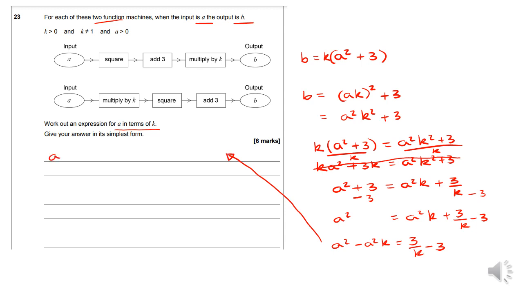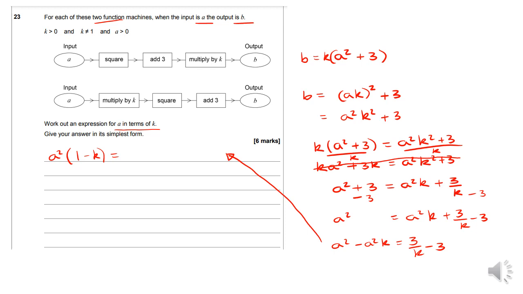So I'm going to take a factor of a squared out because I'm getting a bit closer to isolating a on its own. So what would that leave me with? Leave me with 1 minus k, which is equal to, I'm also going to make this fraction a little bit better.